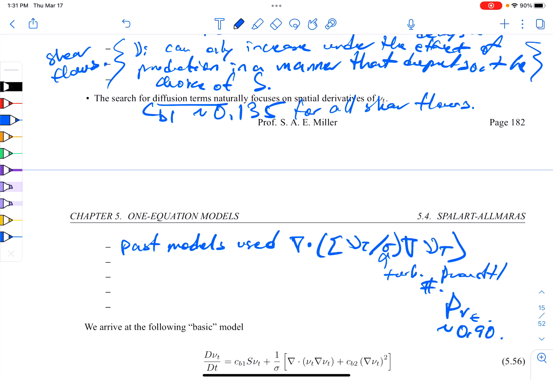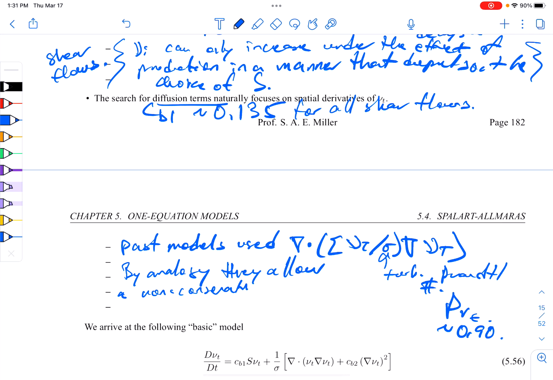So what they argued is they wrote that by analogy, they allow a non-conservative diffusion term involving the first derivative of nu, turbulent.